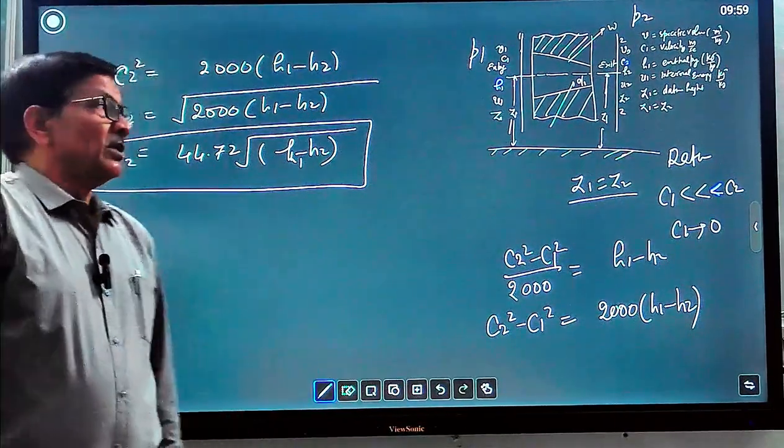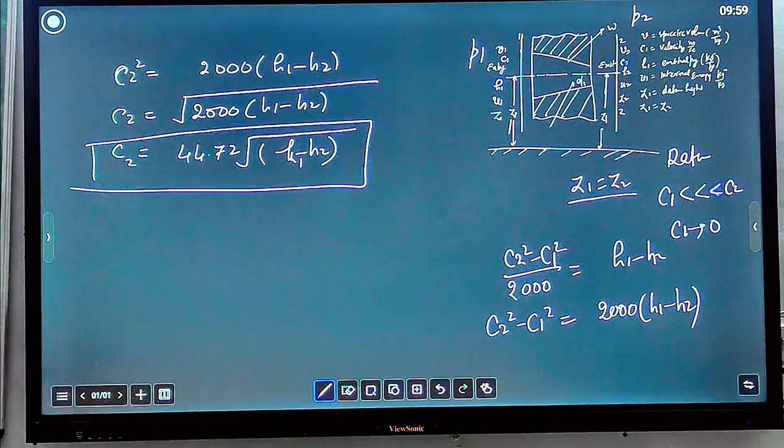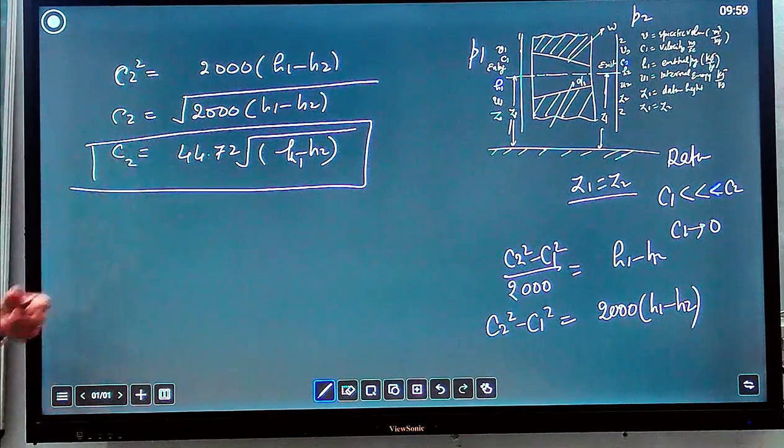When steam is the working fluid, the same equation you can modify for the gas nozzle. Gas nozzle also you can simplify. Only a small modification is required.